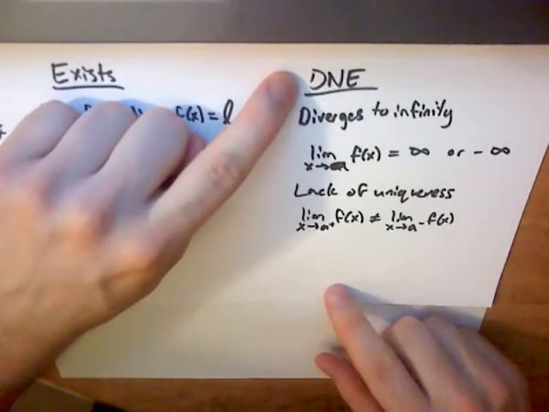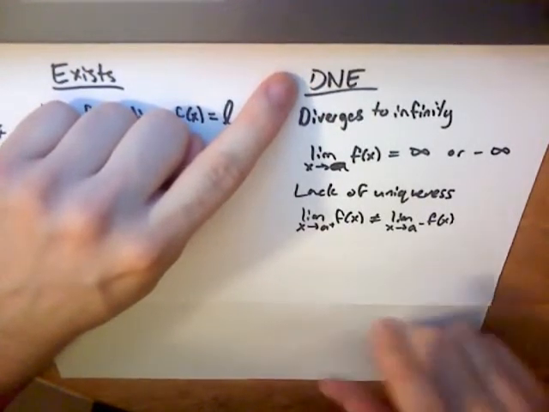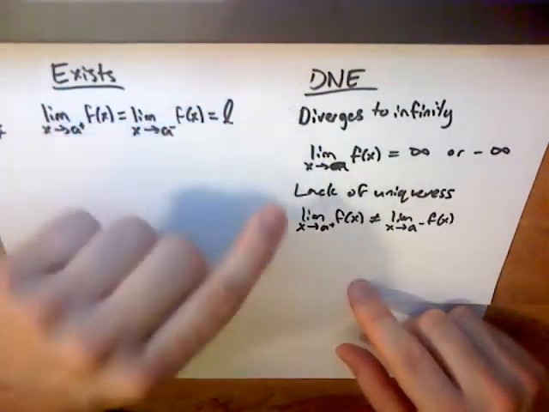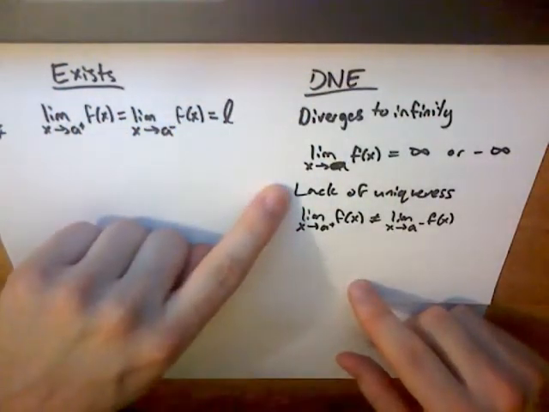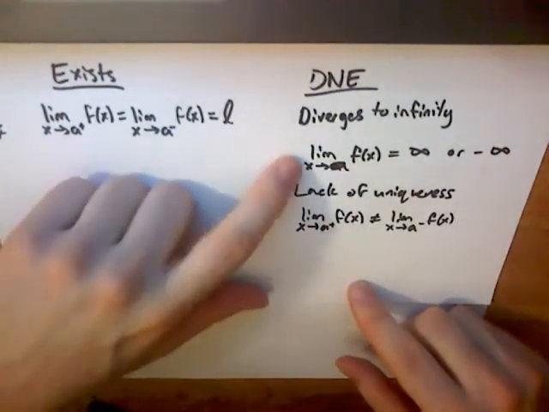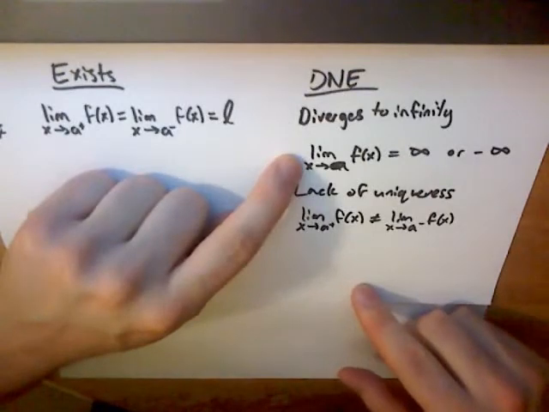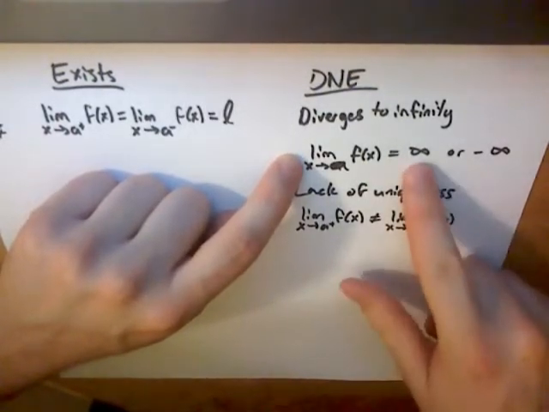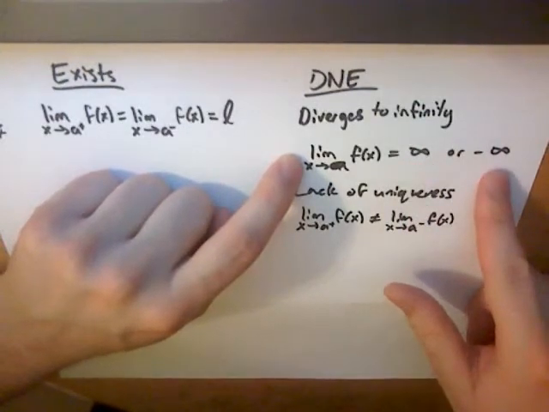And so it will be important to note whether it does not exist because it diverges to infinity, or because there's a lack of uniqueness. And the case where it diverges to infinity is when the limit of the function gets way too big, either too big to positive infinity or too big to negative infinity.